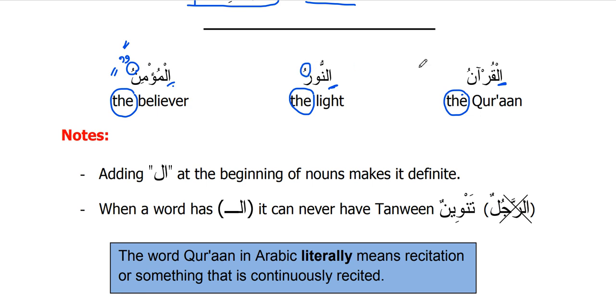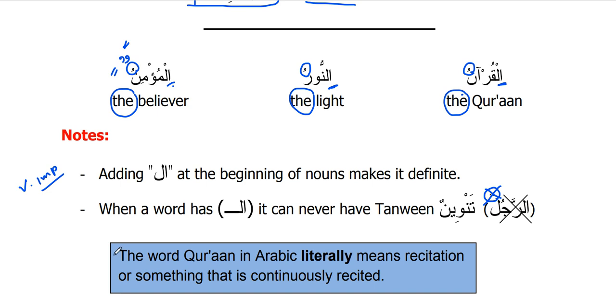And important to note about the al is when you make a noun definite, you cannot put a tanween. It's totally wrong in Arabic. As I told you, if the noun is definite, the harakas will become single, be it fatha, dhamma, or kasra. So this is the most important point here.